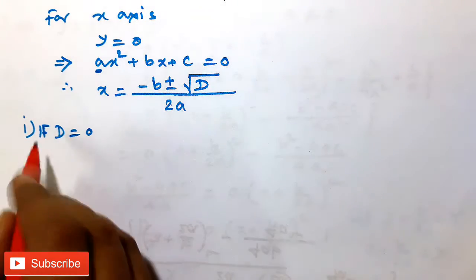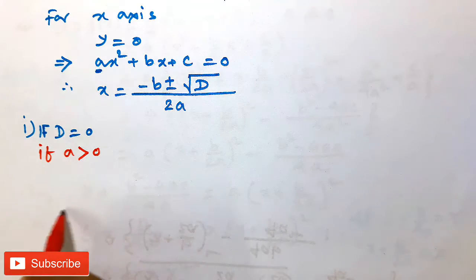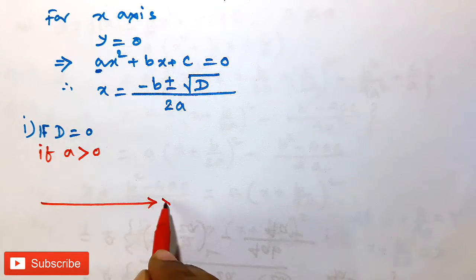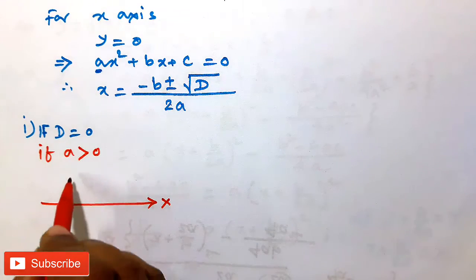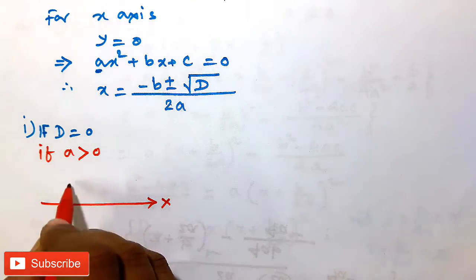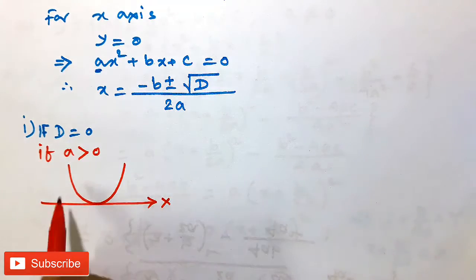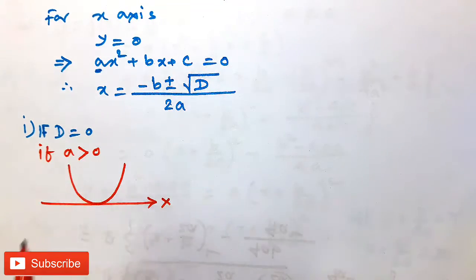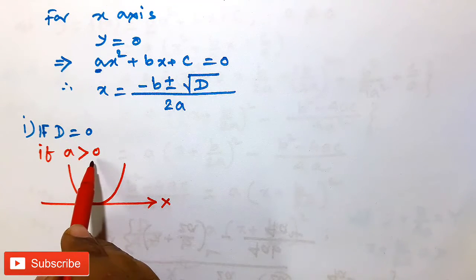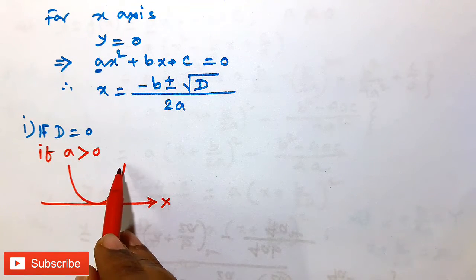If the leading coefficient a is greater than 0, then the parabola obviously touches the x-axis, but it will open in upward direction. Okay, like this one. Yes. If D is equal to 0 and if a is greater than 0, then the parabola opens upwards.